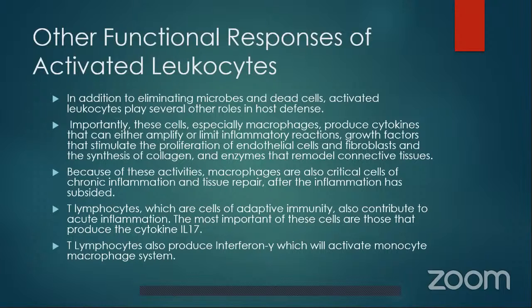The most important of these cells are those which will produce the cytokine interleukin 17, which is an important mediator of acute inflammation. Also, T lymphocytes will produce interferon gamma, which will activate the monocyte macrophage system. So even T lymphocytes are now believed to be involved in the process of acute inflammation, though not directly, but by the production of interferon gamma and cytokine interleukin 17.